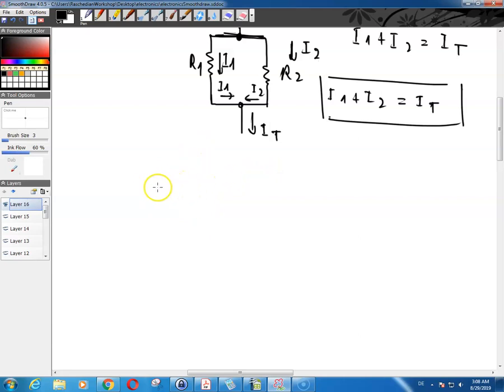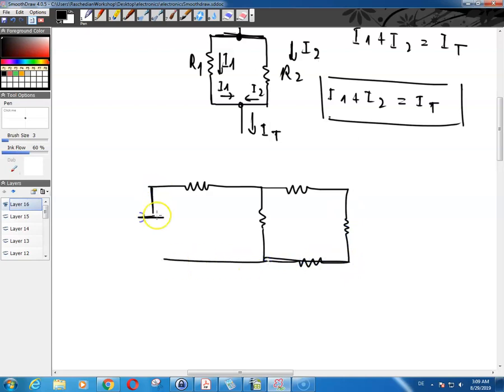So for example, you have this circuit over here, with this resistor, this resistor, this resistor, and this resistor, and this goes to some power supply. There is a node over here, for example, let's call it point C.